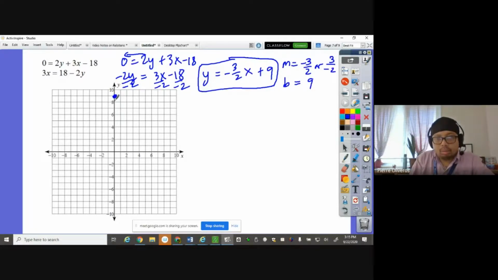Down 3, 1, 2, 3, right 2. Down 3 over 2. I'm going to keep going because I need more space to occupy here, so I can see an accurate graph.